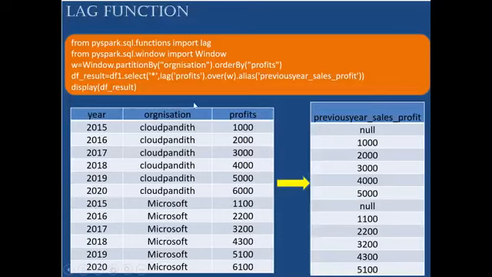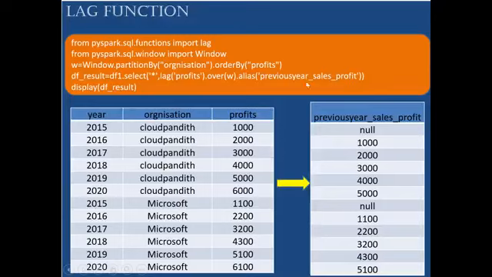See here. Once we have partitioned and ordered the data, then on this window specification, so here you can see over window specification, I am applying the lag of profits, meaning I am moving the profit value into a new column called previous year sales profit.